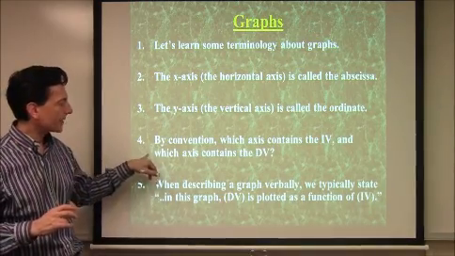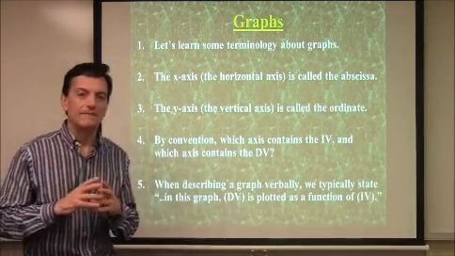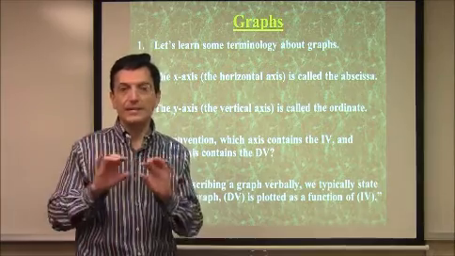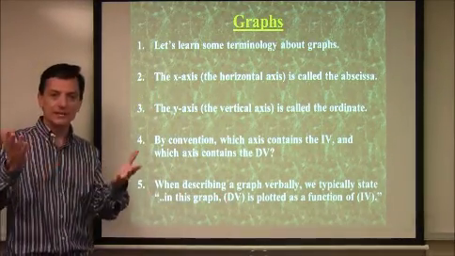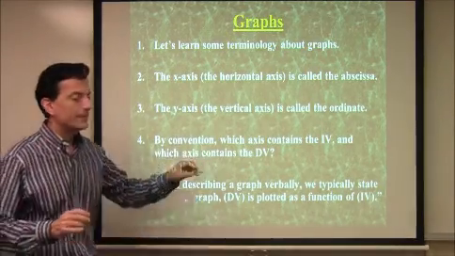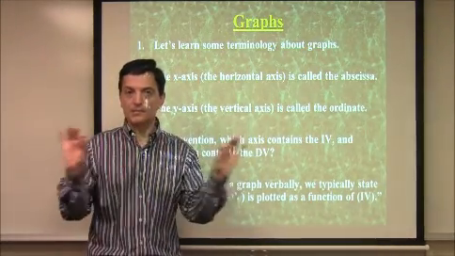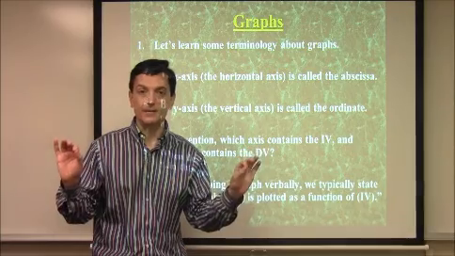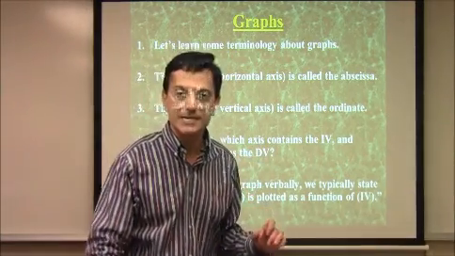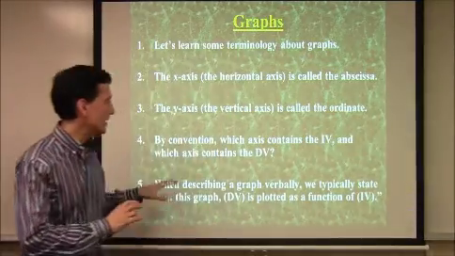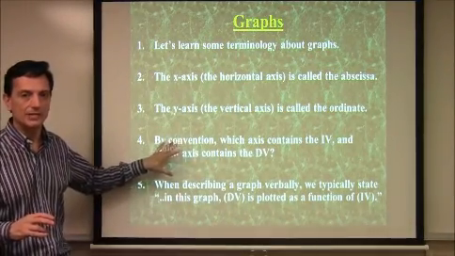By convention, you might remember which variable, the IV versus the DV, goes on which axis. Okay, we'll let you think about that just for a moment, and I'll give you that response right now. The x-axis or abscissa typically contains the independent variable, and then the y-axis or ordinate typically contains the dependent variable. Okay? So that's a convention in almost all sciences.